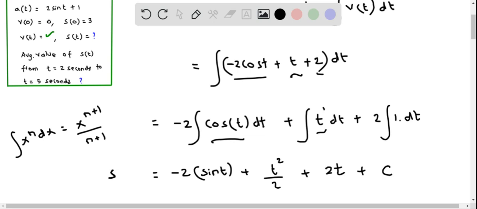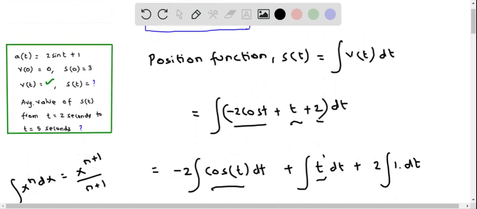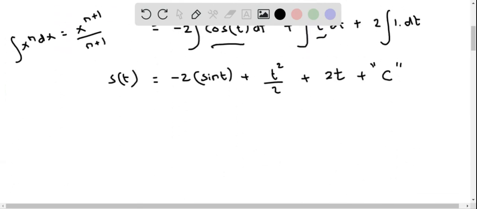So this one is the position function s of t, but we have to determine the constant of integration c using the initial value. The initial value given here is s of 0 equals 3. So let's use that, which means when t equals 0, s of 0 is 3.